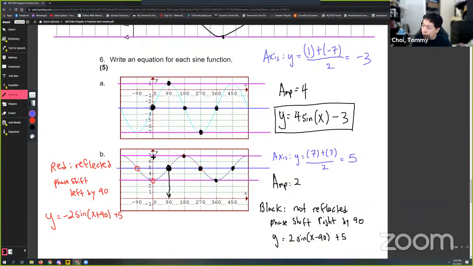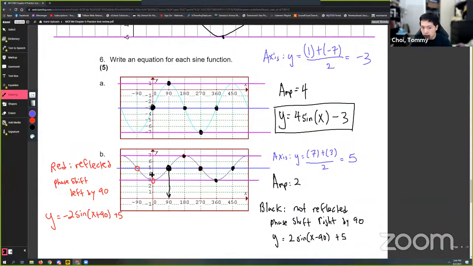So we want to look at a point that starts at the equation of the axis, because if we look here, it's kind of hard to figure out what the phase shift is, because that's not where the sine x graph starts, right? So that's why we're purposely choosing our first point to be on the equation of the axis to take account of the shifting so we can easily see it.